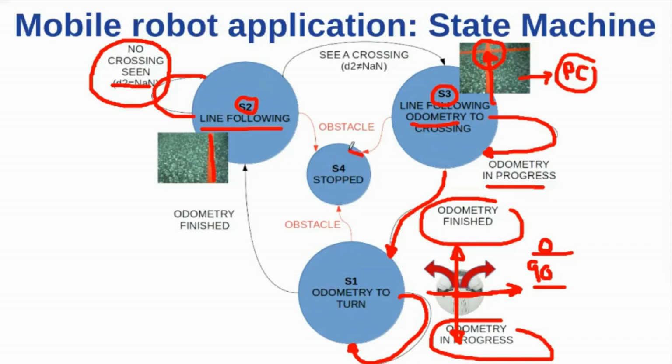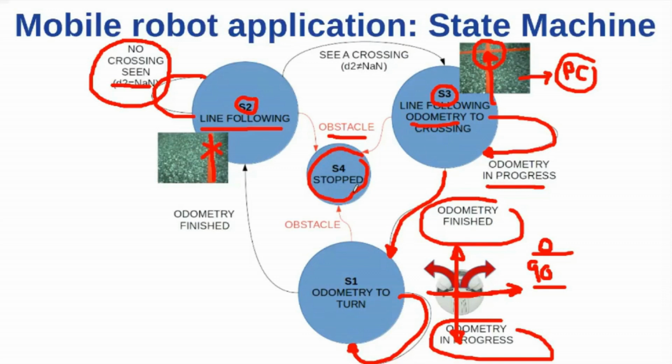Then what about state number 4? Well, when you have an obstacle, the robot stops, right? In order not to damage this obstacle, the robot will stop, right?